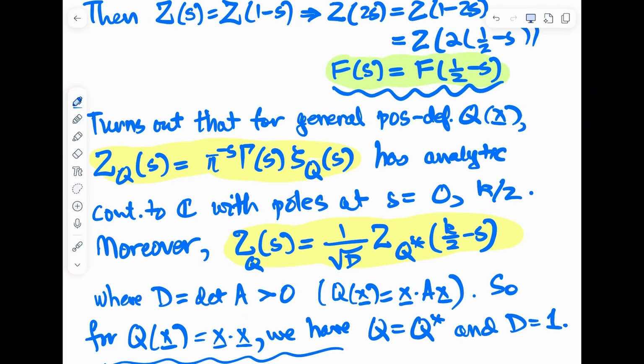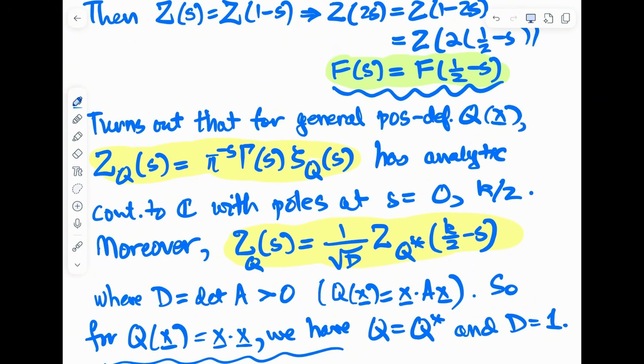You're relating, if you wanted to know zq of, say, minus 1/3, then you need to be able to calculate the other zeta function at k halves plus 1/3. So you need to know both zeta functions. If you wanted to use this equation to calculate values of the left side at highly negative numbers, you definitely would need to know the right side at highly positive numbers. Yes, that's a good point.